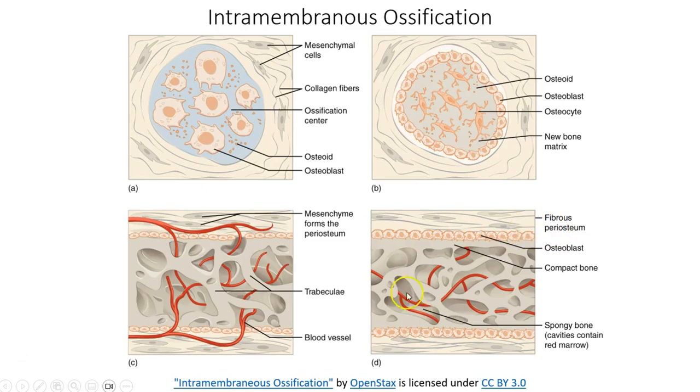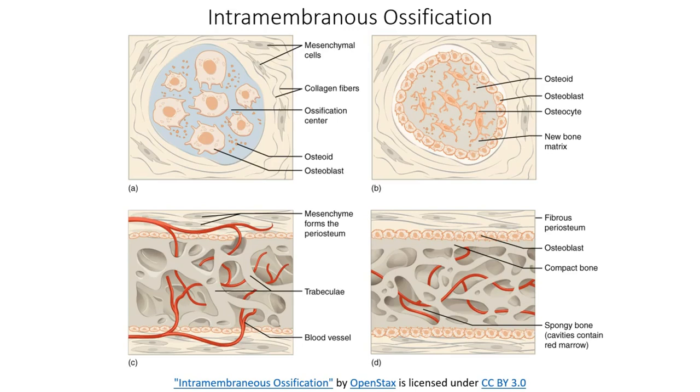So like our osteoblasts and stuff like that are going to start to develop from those mesenchymal cells. And then some of those other cells will form tissues for the capillaries of the vessels that are going to run through all of this bone tissue that we can see here in these two lower pictures. So a lot of our structures here in intramembranous ossification are coming from those initial embryonic mesenchymal cells.